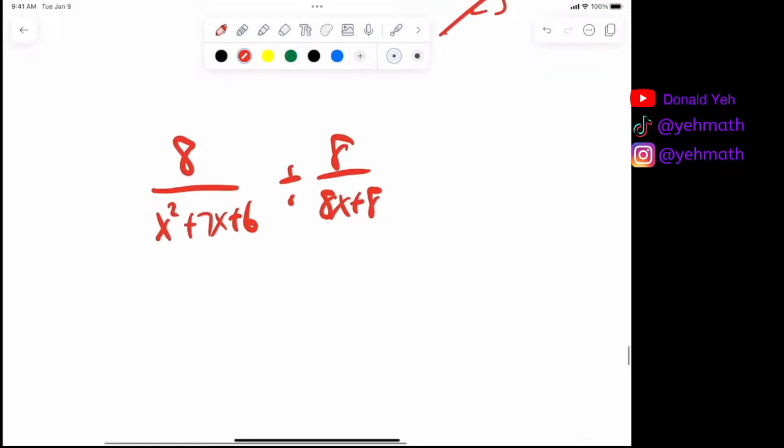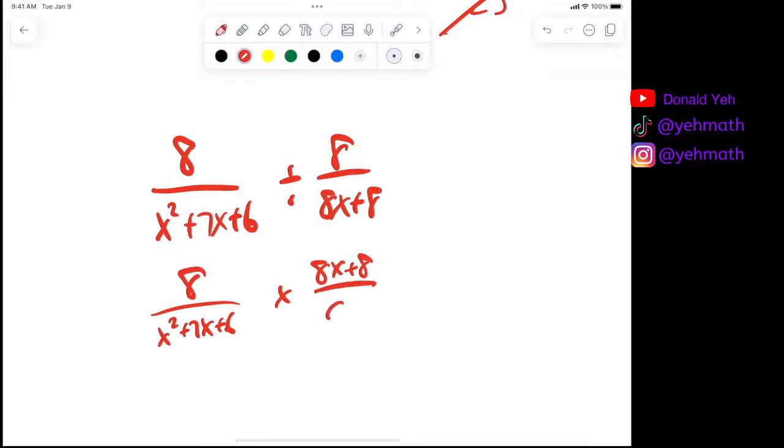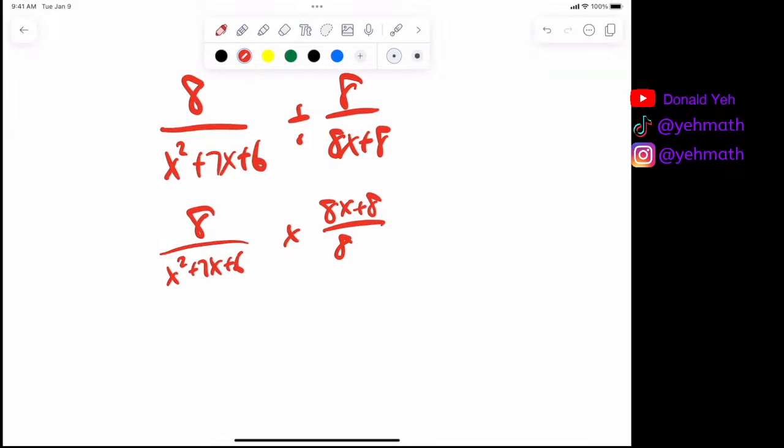Okay, let's think about it. The first thing, what are you gonna do? Keep, change, flip. I'm gonna factor the bottom. Now, what's a factor of the bottom?